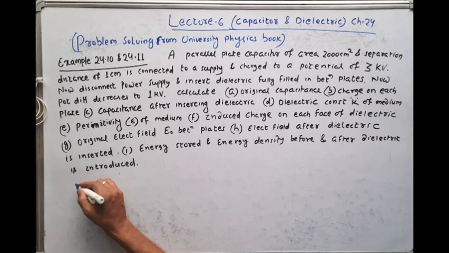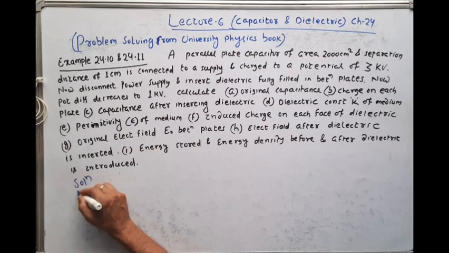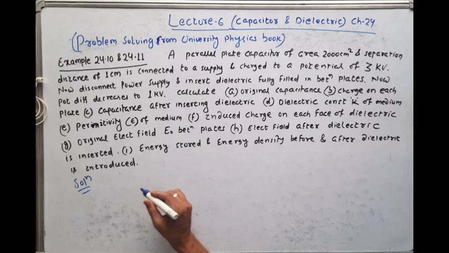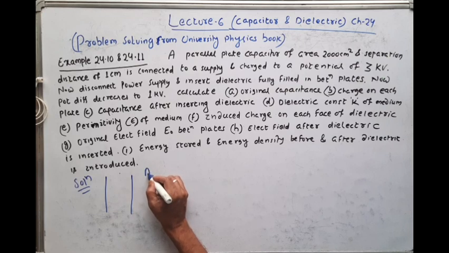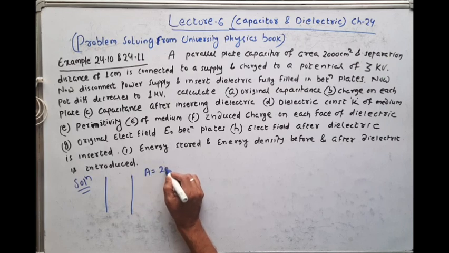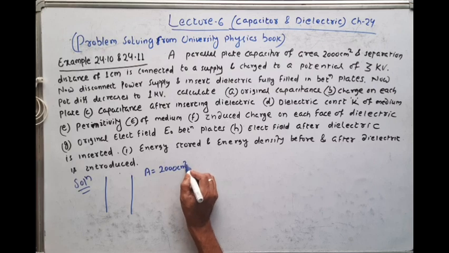Now, you see, a parallel plate capacitor. Here the area of the plate is given as 2000 centimeter square.